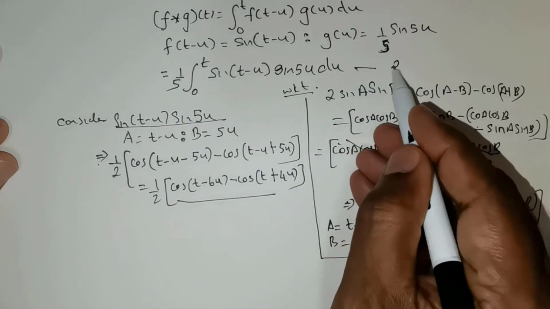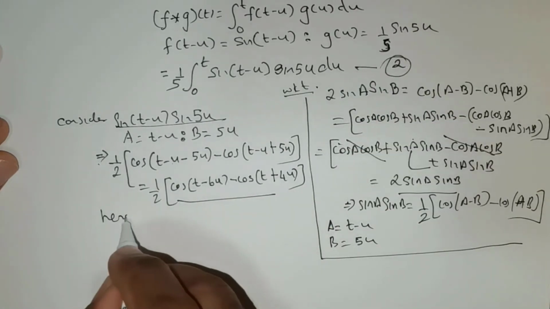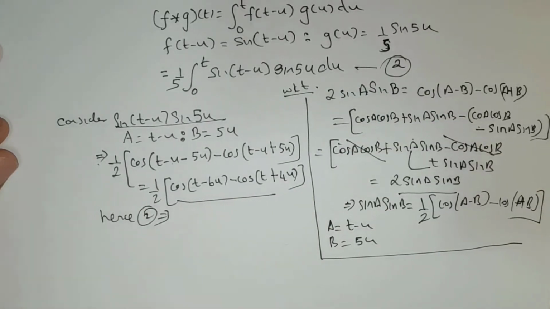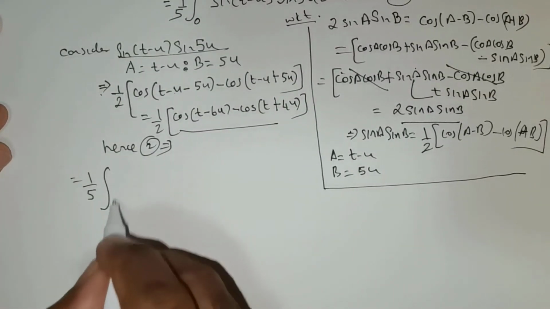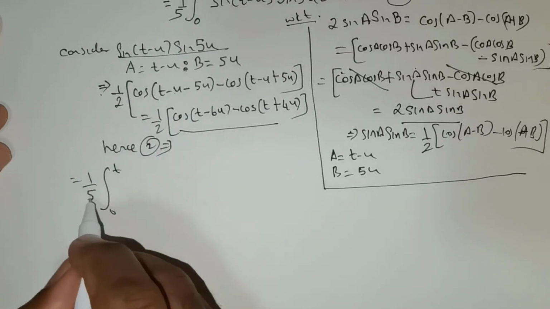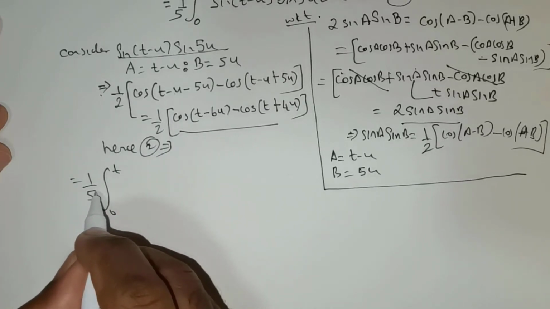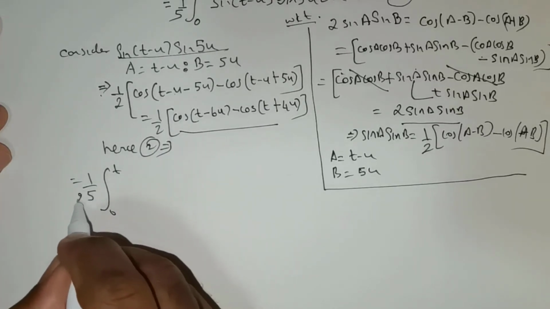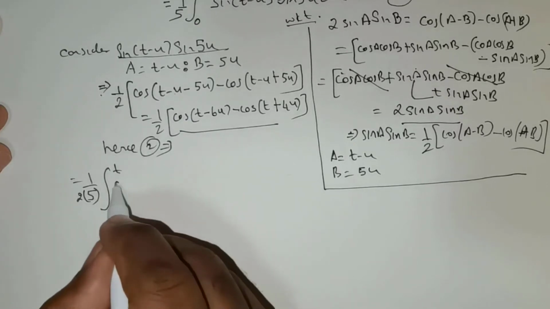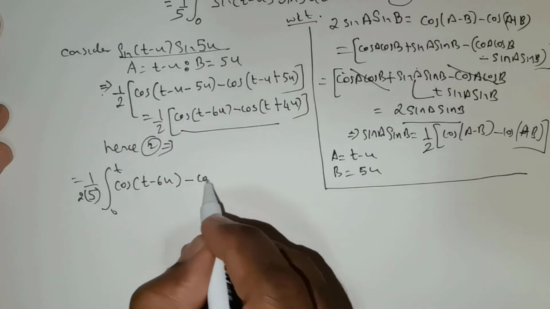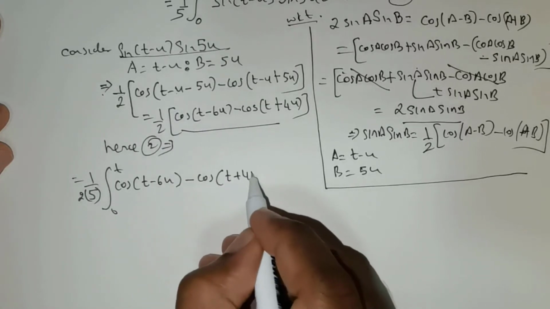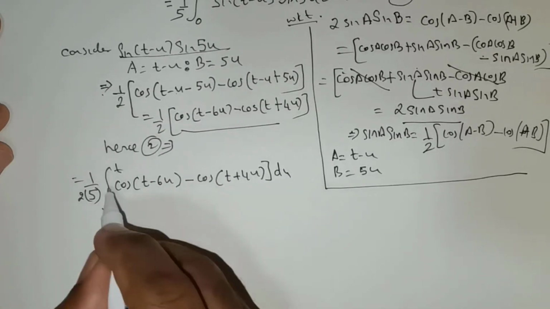So this is equal to 1 over 5 times integral 0 to t, 1 over 2 is there, so I can have that over here as 2, and this is cos of t negative 6u negative cos of t positive 4 times u times du.